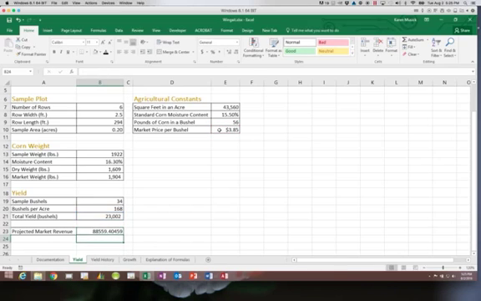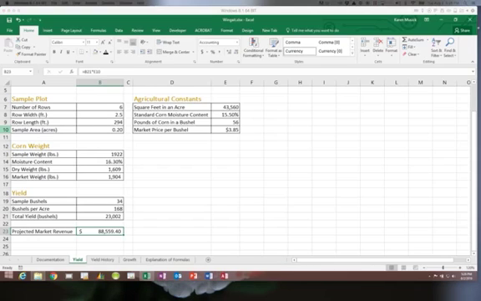And since these formulas are pretty straightforward, with only one multiplication or division in them, we really don't have to worry about parentheses or the order of operations on many of these. We are going to format this one in an accounting style since it is dollar amounts. And you can see that we have $88,000 plus as our projected market revenue.